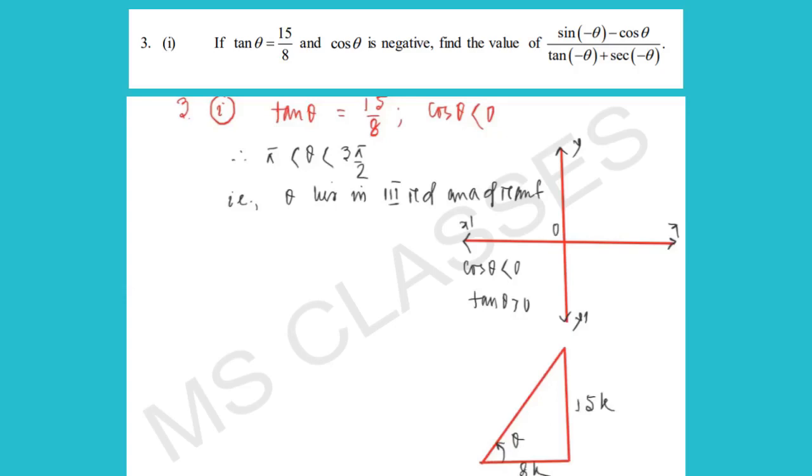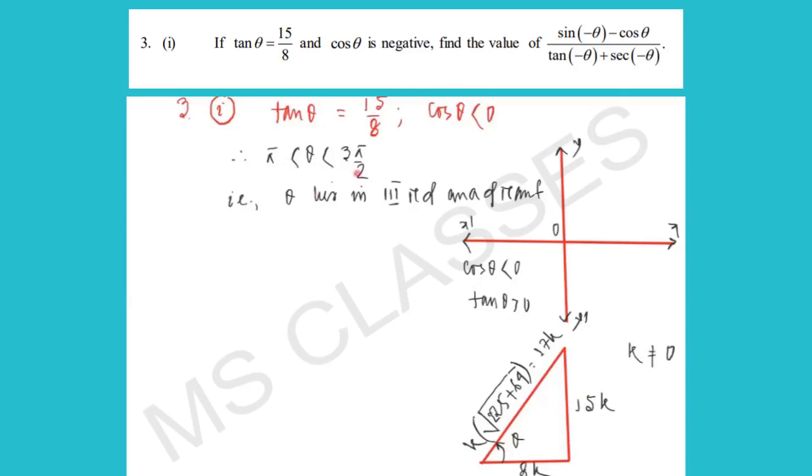Now what is this one? Root over 15 squared plus 8 squared, that is 225 plus 64, that is 289, that is 17.